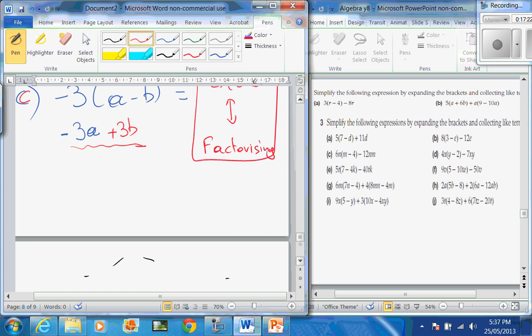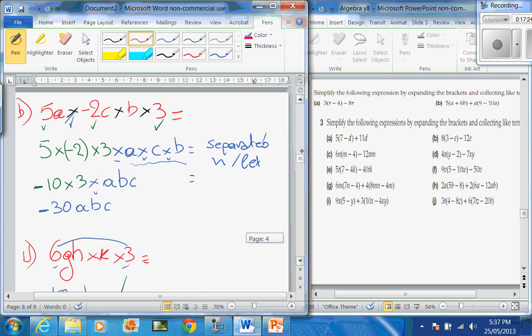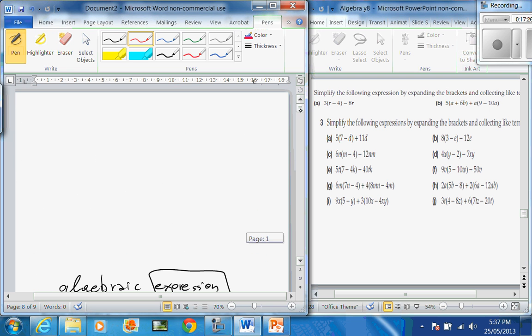Let's see if I have another clear page, and we can work on here. How does it read? It reads 3 brackets r minus 4, close the brackets, minus 8r.